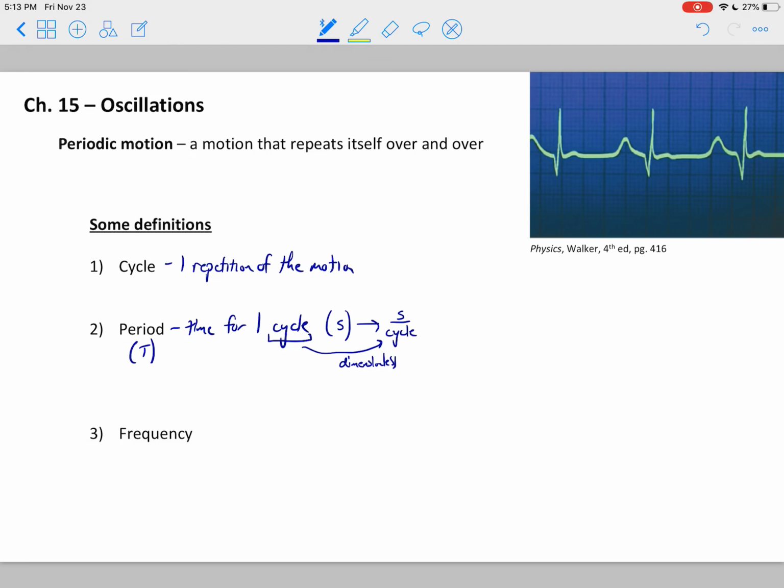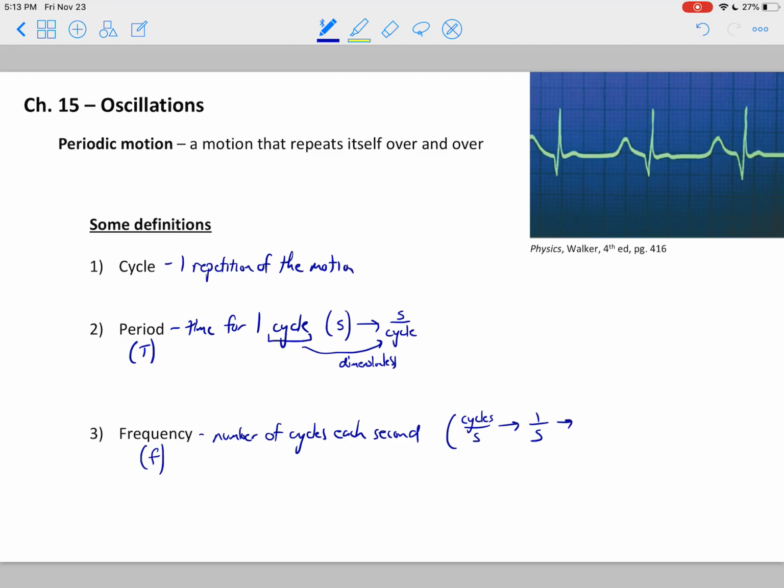Let's see, number 3, the frequency. The frequency, we'll use a lowercase f to represent that, and this is the number of cycles each second. So you could think of that as cycles per second, but then again, cycles are dimensionless, so this is just 1 over seconds.